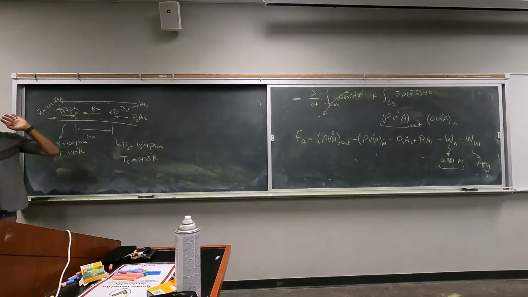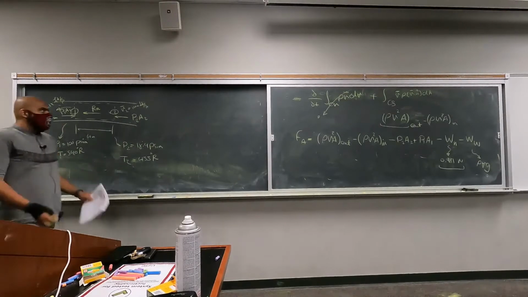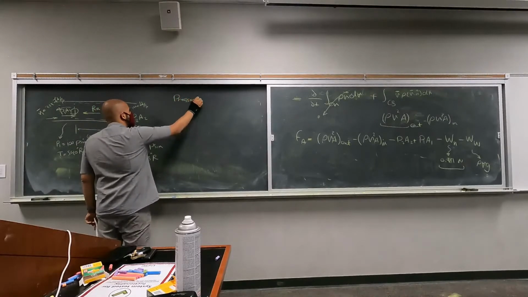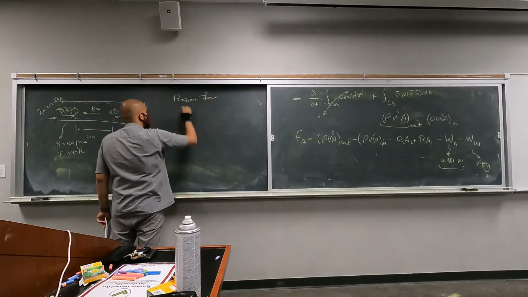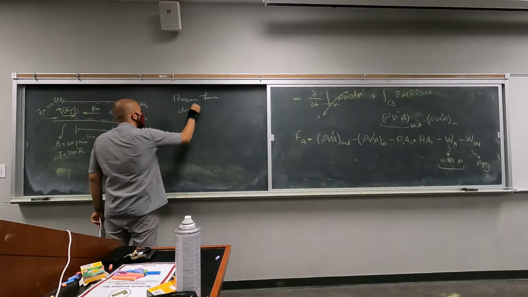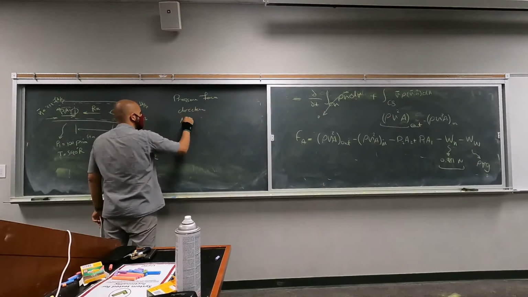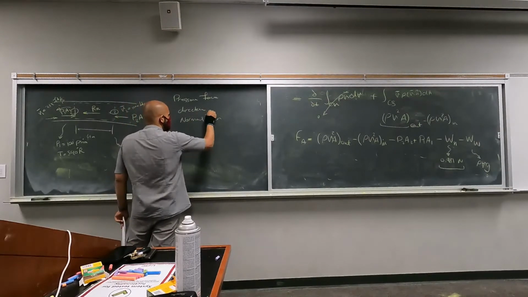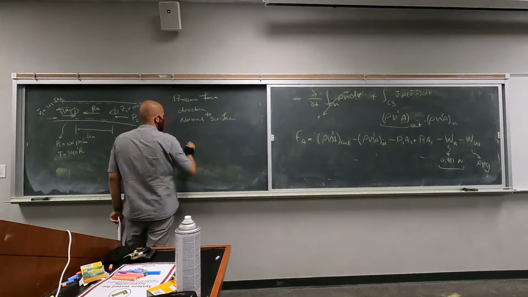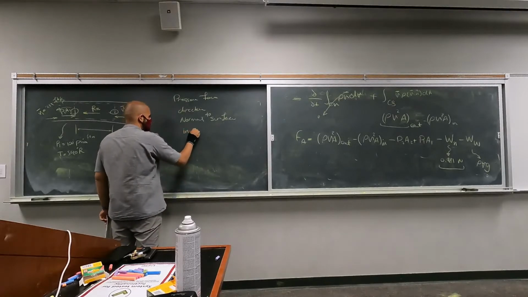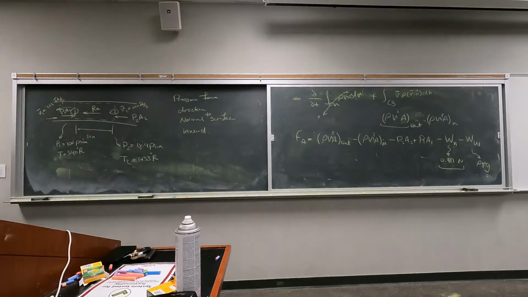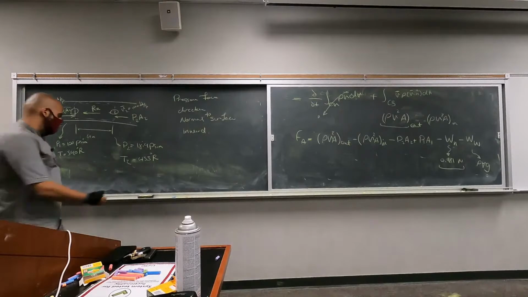That's how you always determine the pressure force direction: normal to the surface, that cross-section, in the inward direction. That's in the opposite direction of the normal vector. Okay, so we have all of the forces.